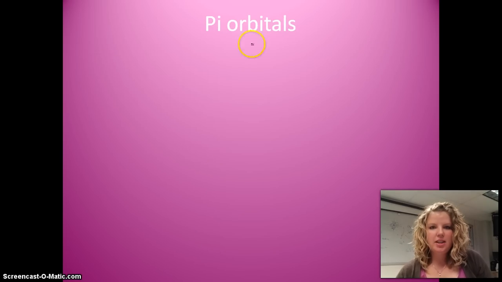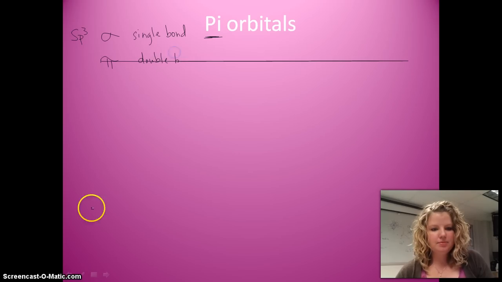Now pi orbitals or pi bonds. A sigma bond is going to be that single bond, and that's going to be sp3. And a pi bond is going to be a double bond.